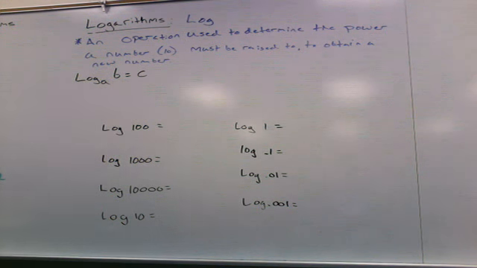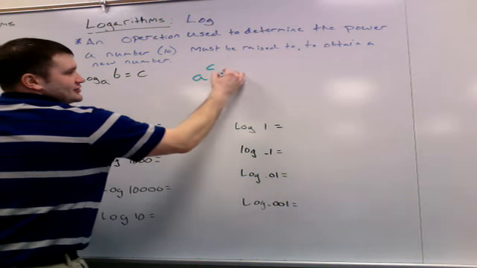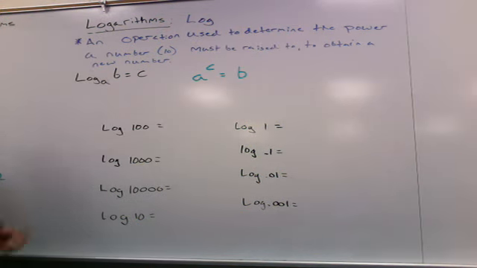All right, so log base A of B equals C. What does this mean? Because A to the power of C equals B. Log base A of B is C because A to the power of C equals B. Not quite as catchy as the quadratic song, but it still works.